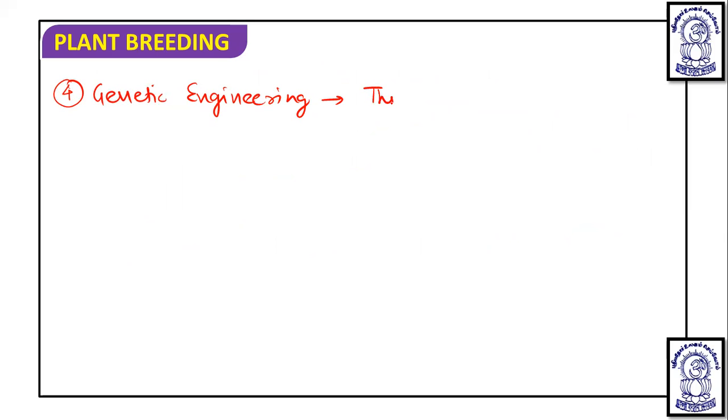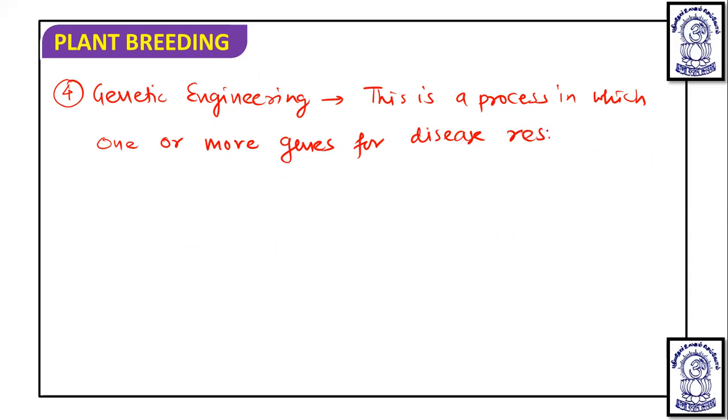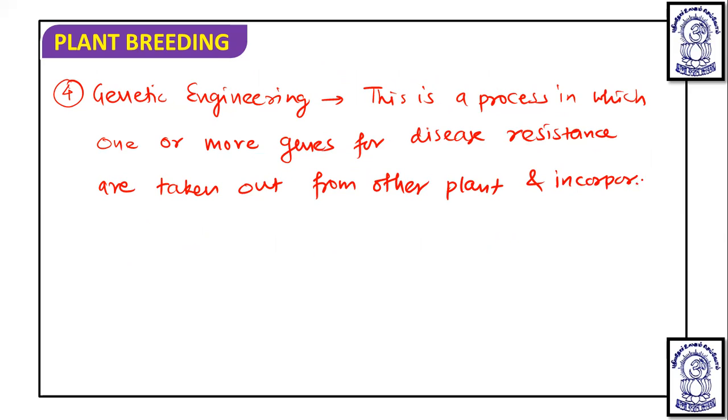This is a process in which one or more genes for disease resistance are taken out from another plant and incorporated in a cultivar. In such a way, disease resistance can be given to the new plant.